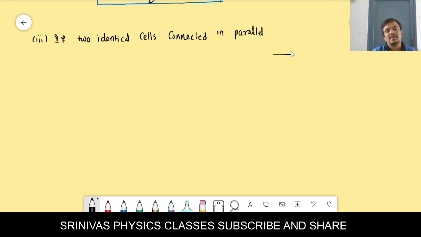Just two cells I am connecting. This is the first cell, EMF E, internal resistance R. This is the second cell, EMF E, internal resistance R. These two cells are connected in parallel. Then what is the total EMF?